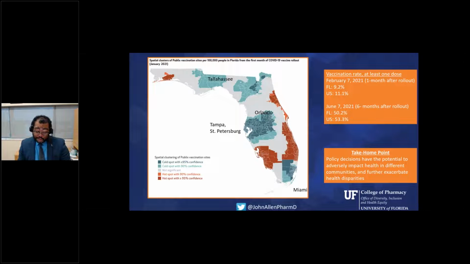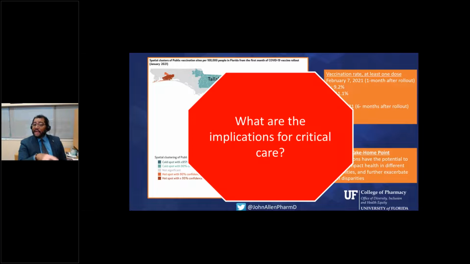We know that vaccination for COVID certainly has implications in terms of reducing severity of illness, and I think may contribute to some of the things that we saw with respect to disease severity associated with Omicron. But I'll ask you, think about what are the implications for critical care in this setting, right? And I think policy here actually negatively exacerbated health disparities as it relates to COVID-19.